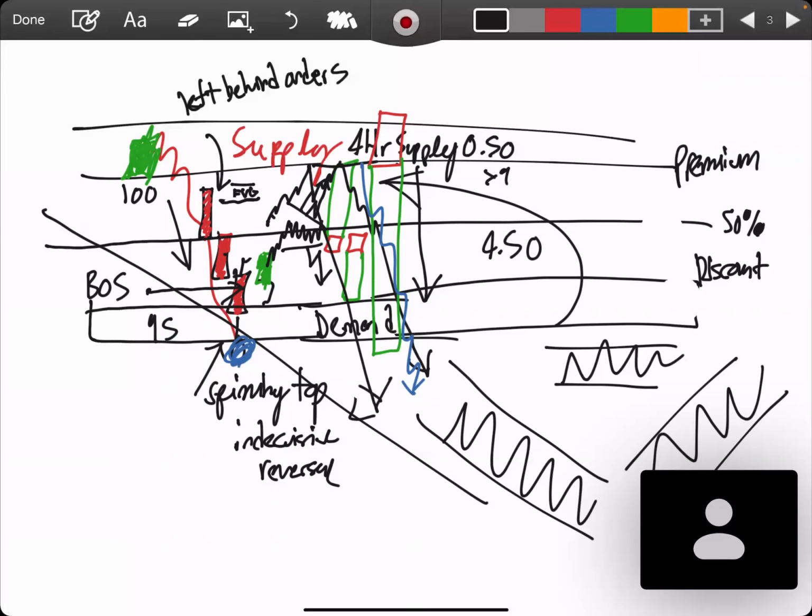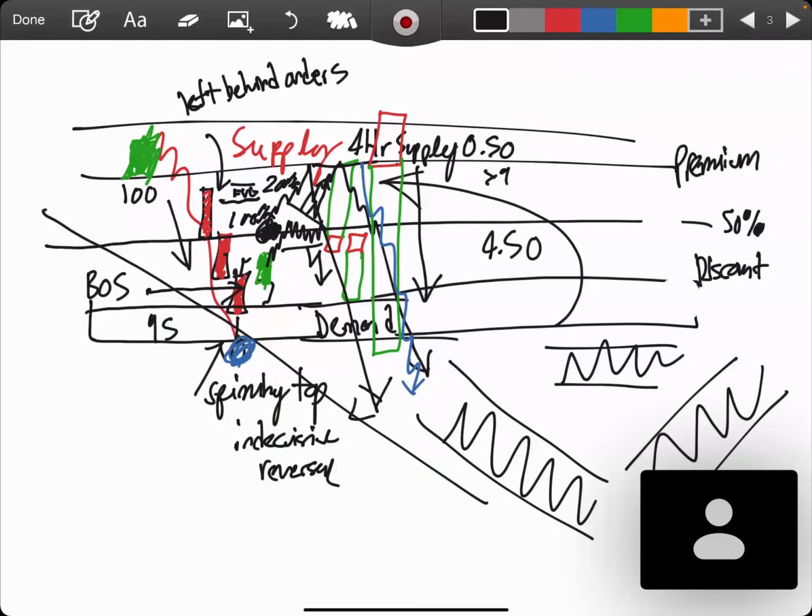The movement within the internal into supply from the 50% mitigation was only 100% to 200% return, okay? Whereas if we would have waited to just get a fill at 0.5, on a cheaper contract, the risk to reward is higher because that fair value gap had gotten filled prior to the move down.